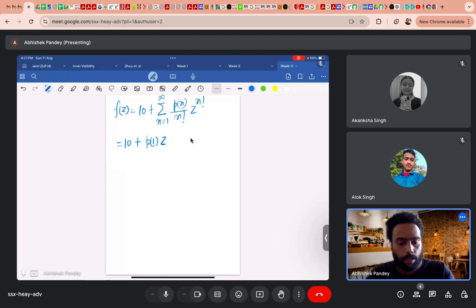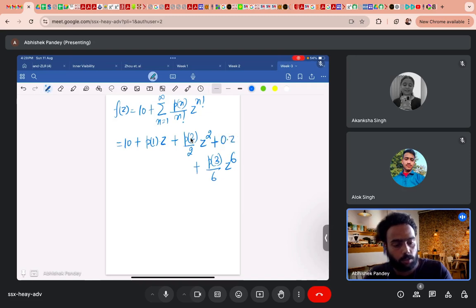If you take n equals 2, what is 2 factorial? It is 2. So p(2) upon 2 into z square, plus, if you take 3, what is 3 factorial? It is coming 6. So it is p(3) upon 6 into z to the power 6. Now in between terms, it is 0 into z cube plus 0 into z^4 plus 0 into z^5. Is it clear?